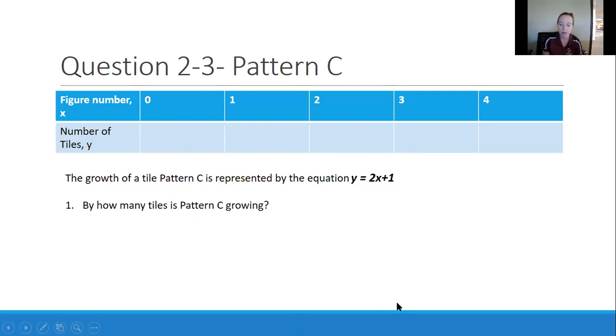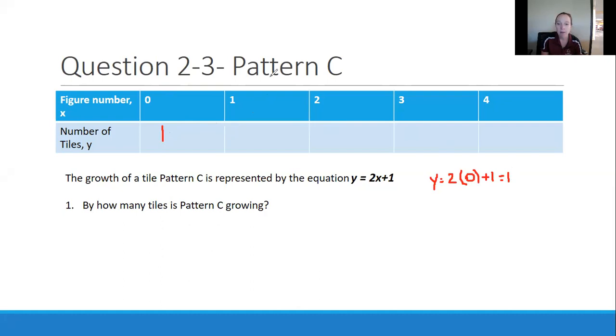Okay, so when I fill this in, if I'm not sure what to do, let's just plug in some values. If I plug in 0 for x, oh, that looks a lot like your last short cycle. You get 2 times 0, 0, plus 1 is 1. So at figure 0, I have 1 tile.